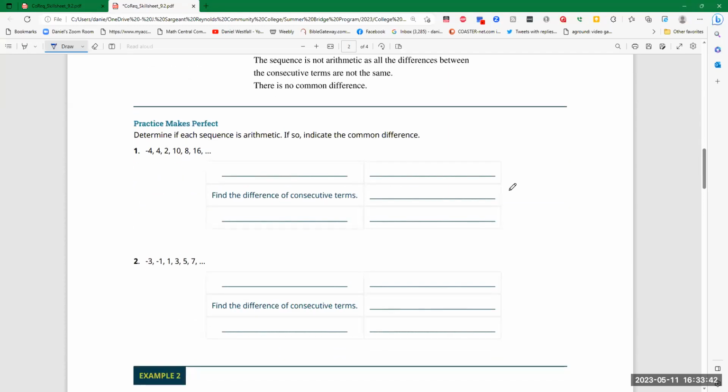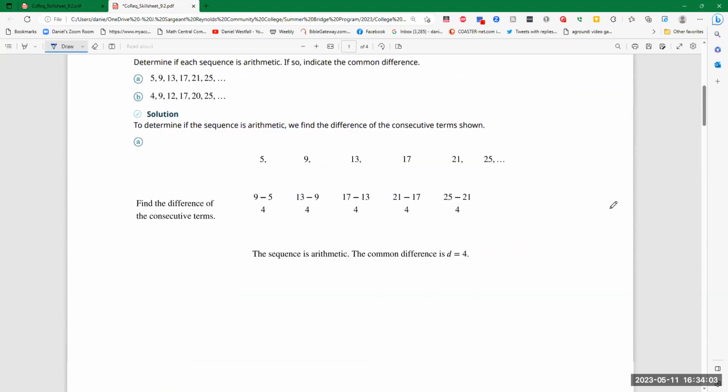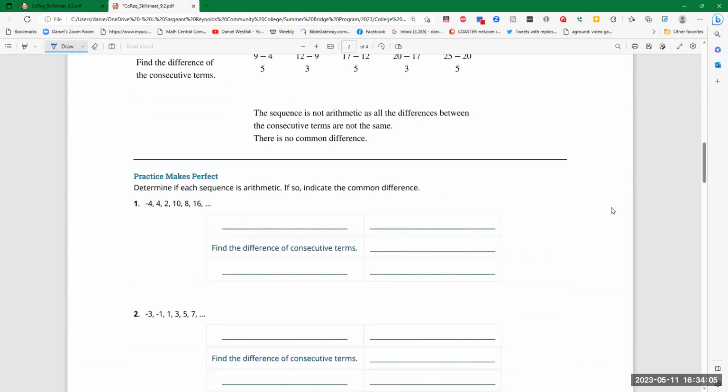Let's go ahead and look at what we have here. Negative 4, 4, 2, 10, 8, and 16. So let's find the difference between terms here.